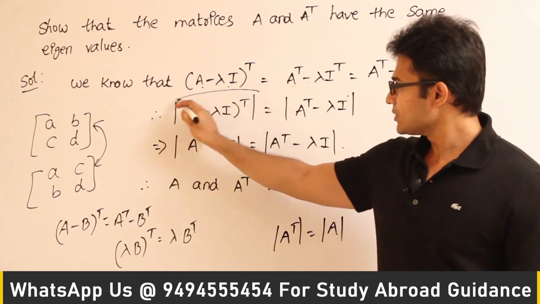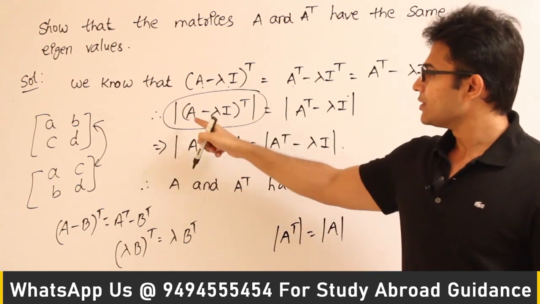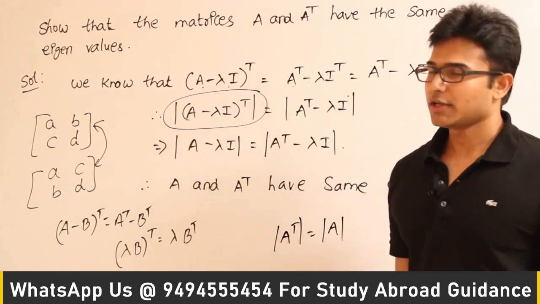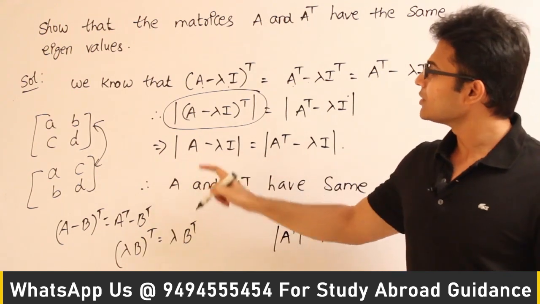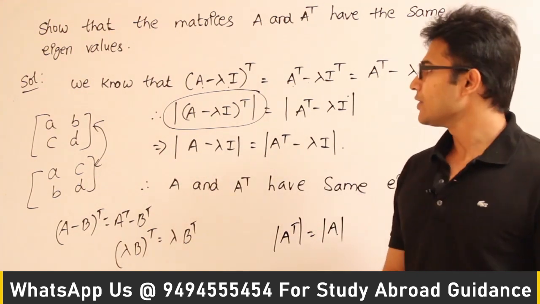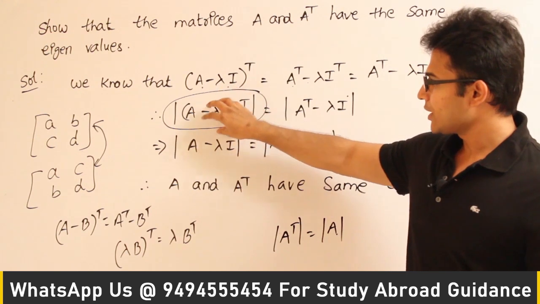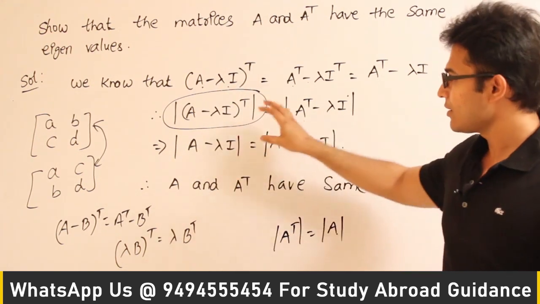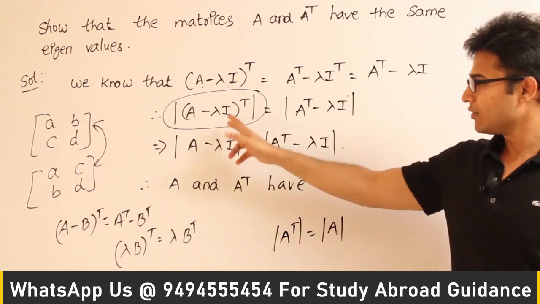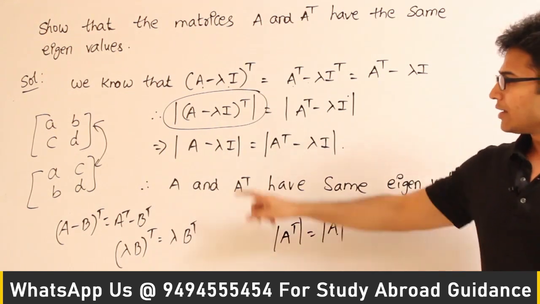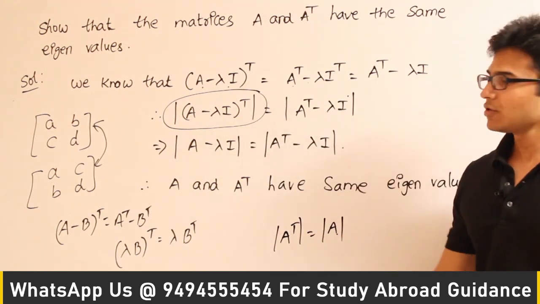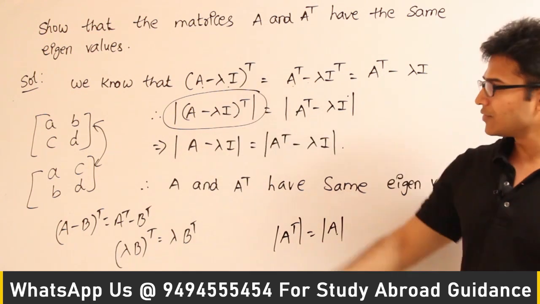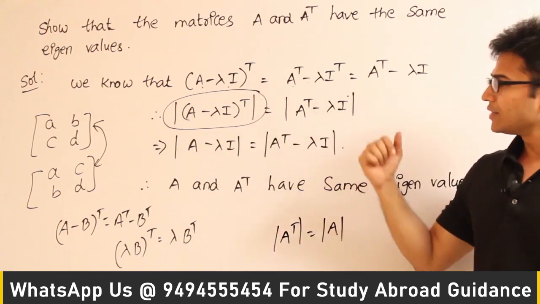Therefore, the determinant of this entire matrix transpose is equal to this matrix's determinant itself. So this one can be written simply like this, and I'm not doing anything new here. We already know all these basics, right? The determinant of A transpose is equal to the determinant of A. So I'm just replacing it with this one, and the right-hand side I'm leaving the same.